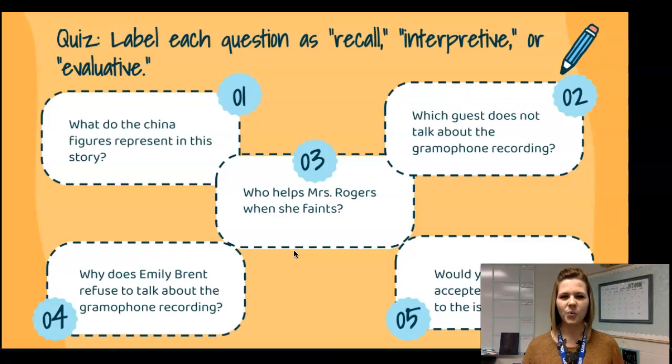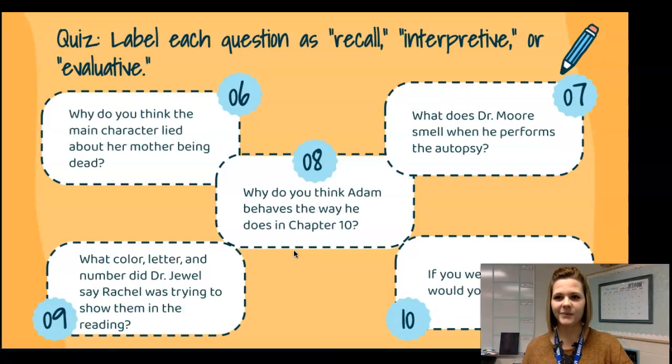Number 2, which guest does not talk about the gramophone recording? Number 3, who helps Mrs. Rogers when she faints? Number 4, why does Emily Brent refuse to talk about the gramophone recording? Number 5, would you have accepted the invitation to the island? So again, you're not quizzing yourself to answer these questions. Instead, you're working to identify the type of question. Let's look at the next 5.